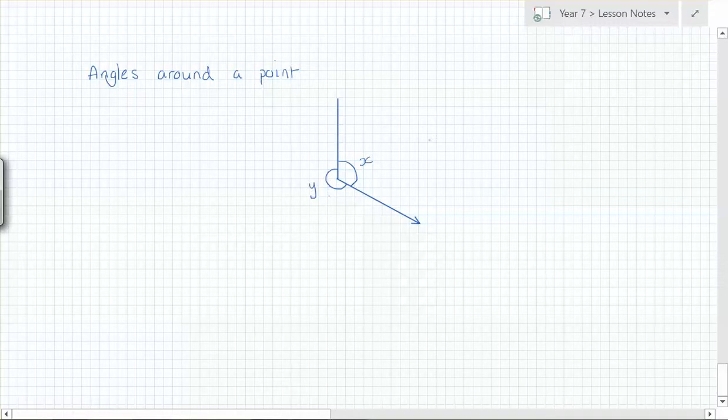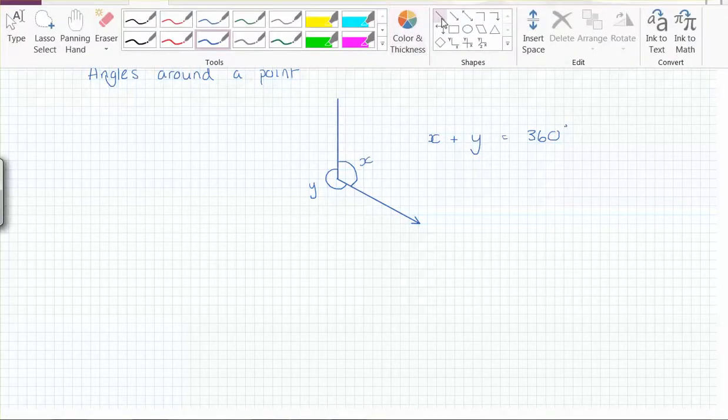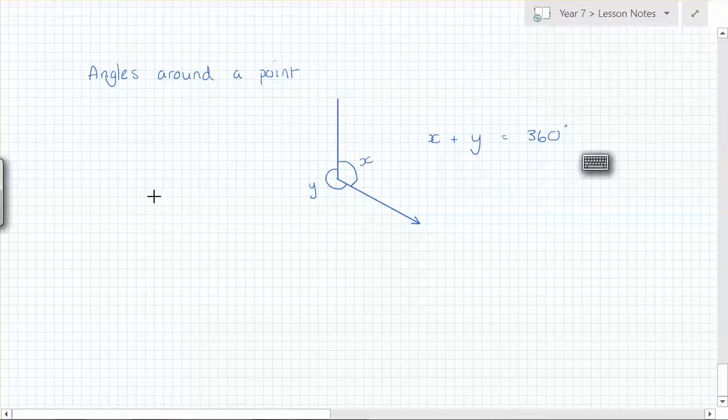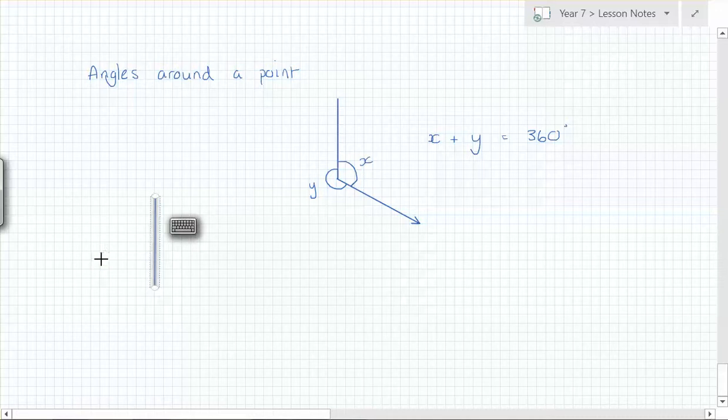Now what do I know about X plus Y? They must add up to 360 degrees. That's the whole thing. It doesn't always need to be just two. I could make a line and then have another line crossing.